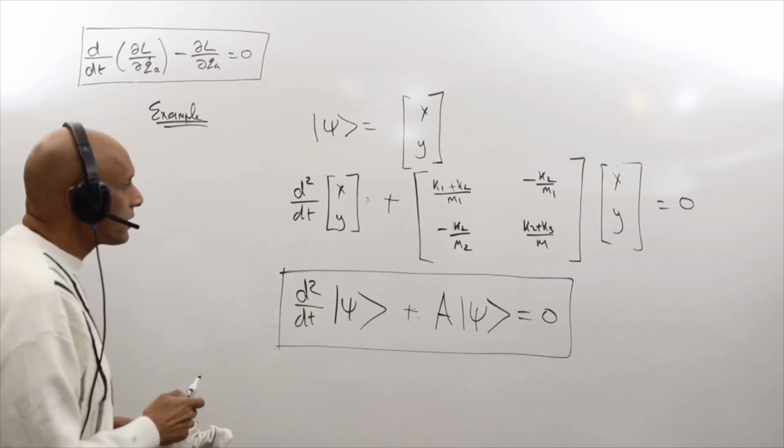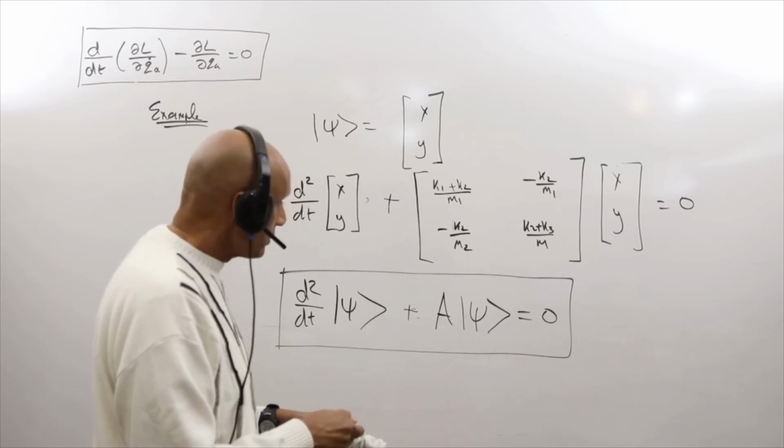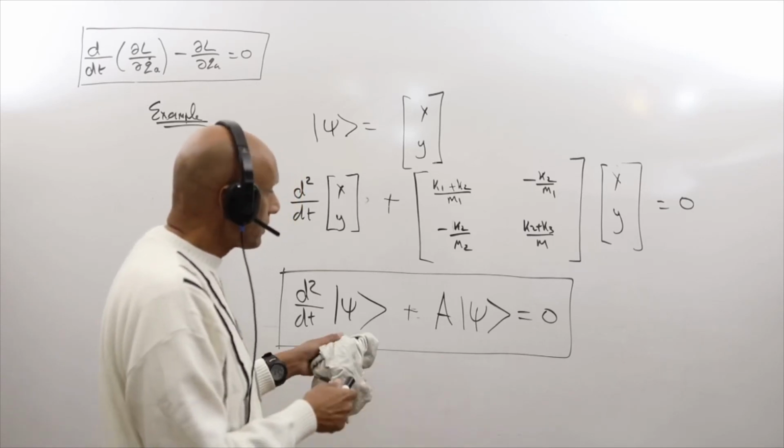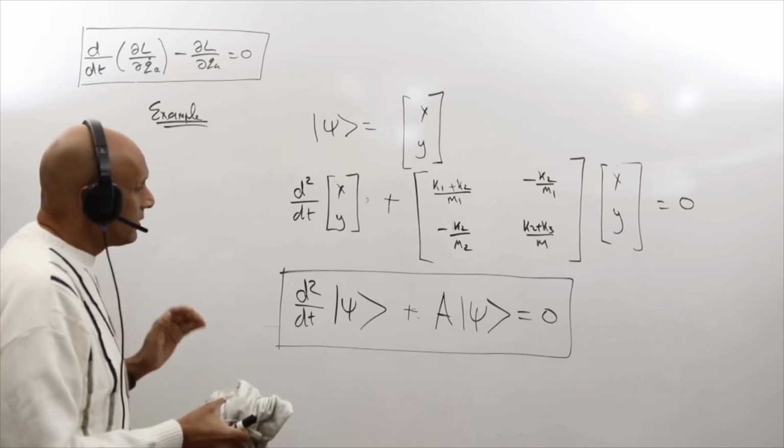When I start explaining how to do diagonalizations with bras and kets, there's a nice notation using Dirac notation that you can remember quite well.